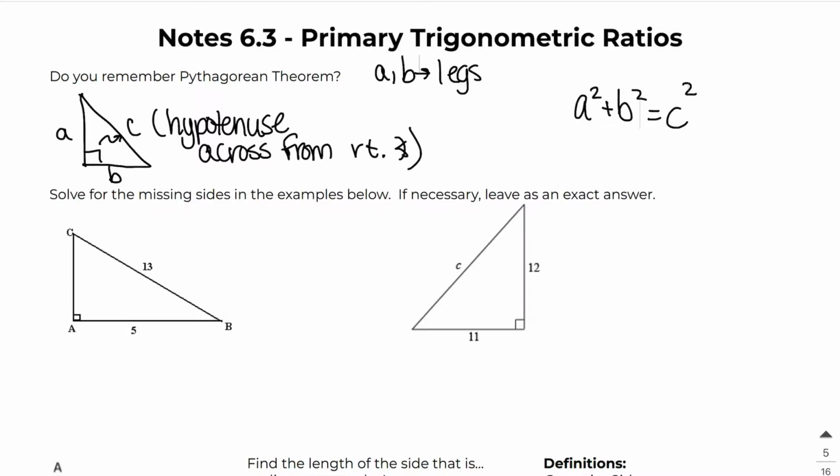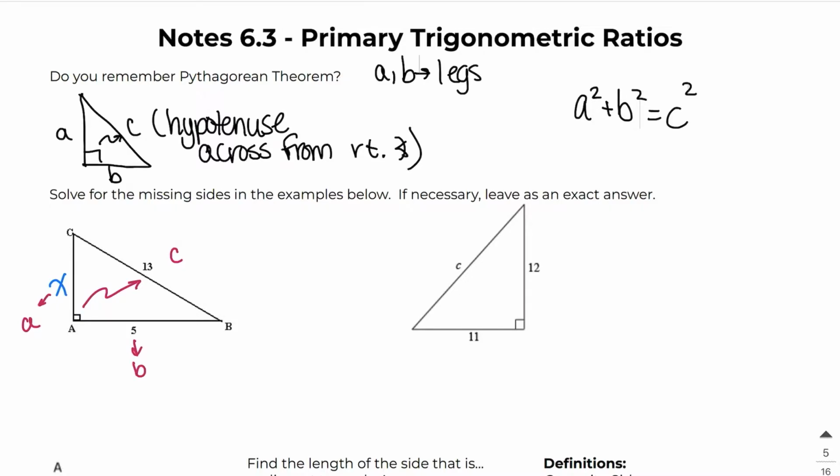So it says here, solve for the missing sides in the examples below. If necessary, leave as an exact answer. So I don't know this side right here, so I'm going to call this side x. And in a right triangle, the side that is across from the right angle is the hypotenuse. And then this could be a or b.